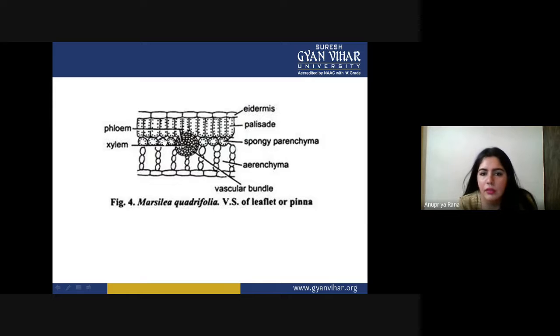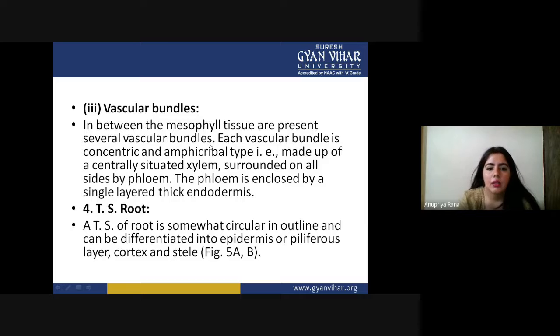So in this way, the internal structure of the leaflet looks like this: the upper and lower epidermis, palisade and spongy tissue, and just behind, the parenchyma for storing air. In between the mesophyll tissue are several vascular bundles.